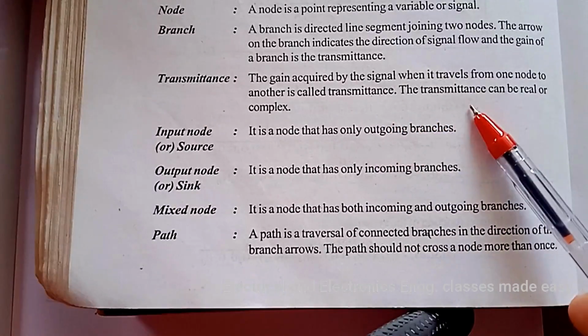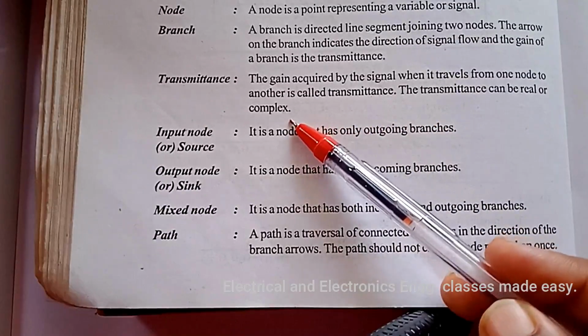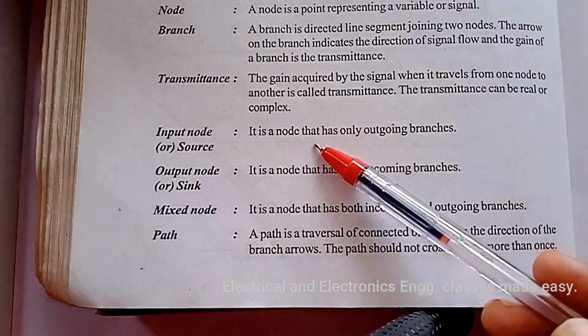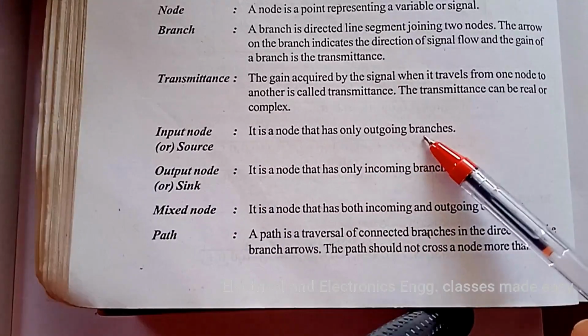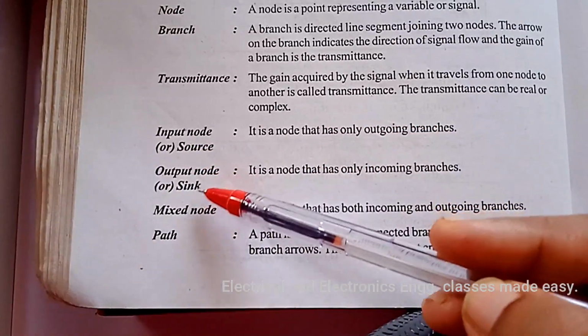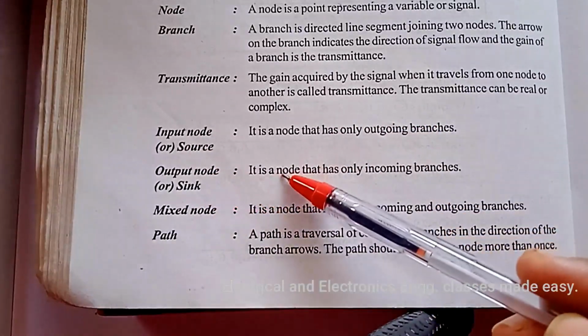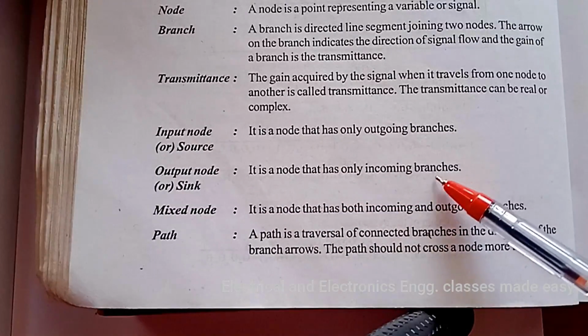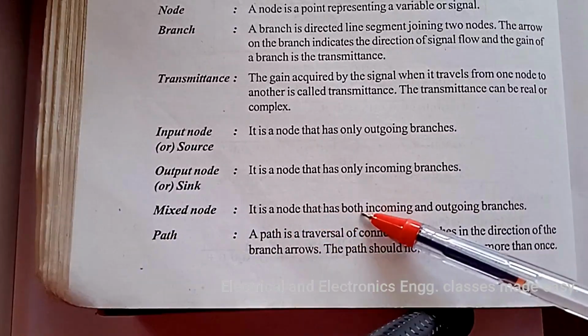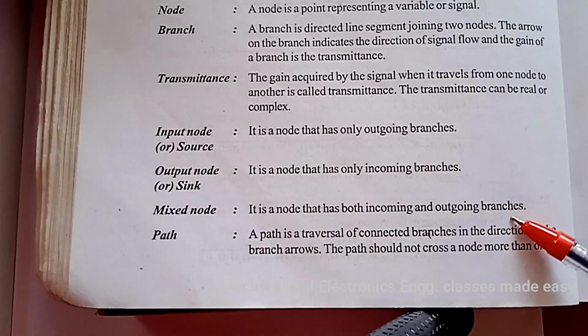The transmittance can be real or complex. Then input node or source. It is a node that has only outgoing branches. Then output node or sink. It is a node that has only incoming branches. Mixed node. It is a node that has both incoming and outgoing branches.